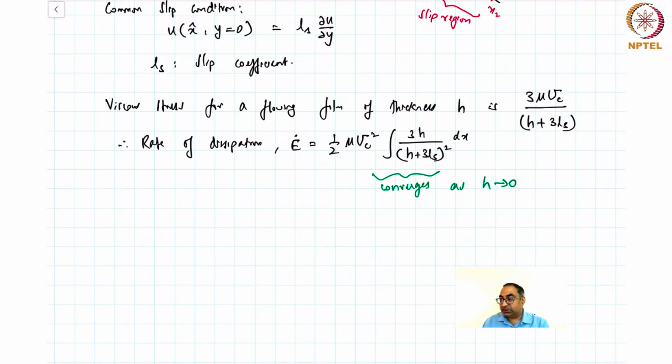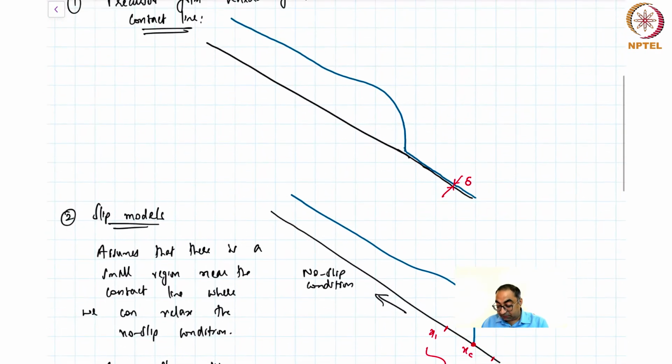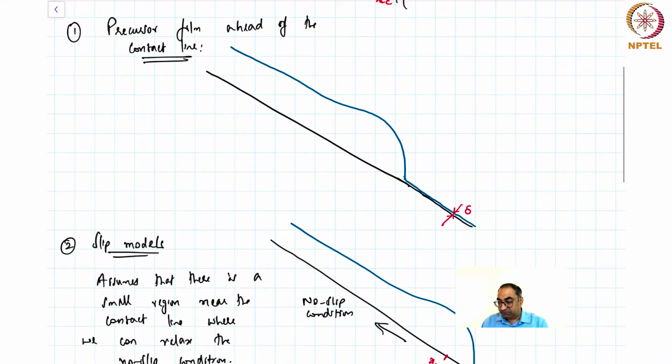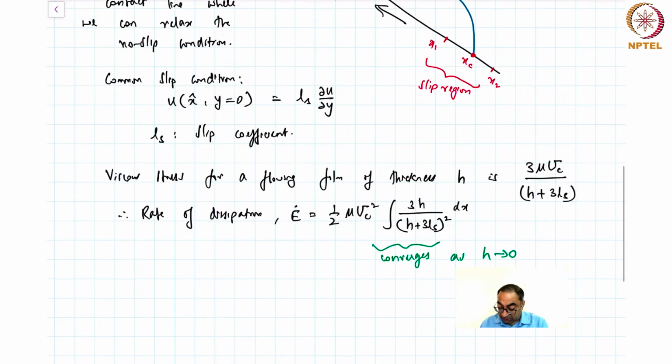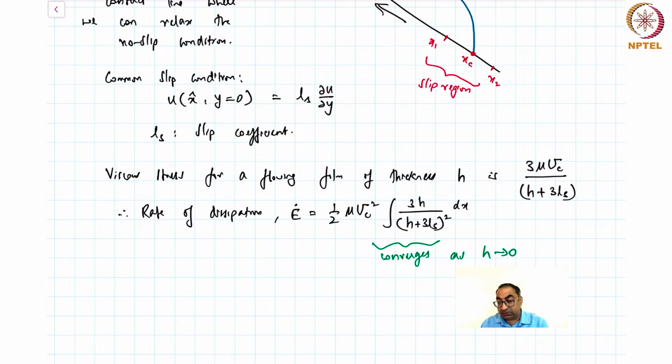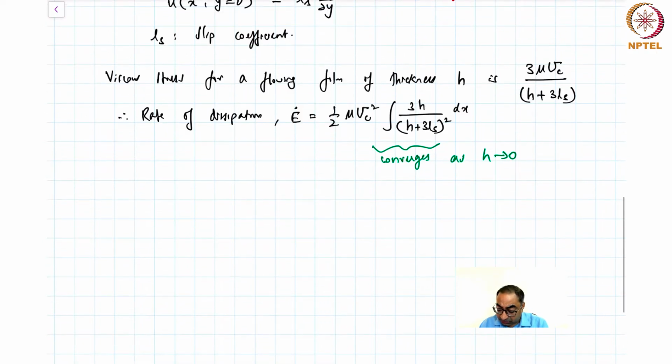So what you now say is that in the precursor film, h naught itself will never go to 0 because you have a thin film that is present, whereas in the slip model you calculate the shear stress by relaxing the no slip condition. Okay, so they have some common features, but you see that both these models take slightly different routes to address the same issue, which is the singularity at the contact line.